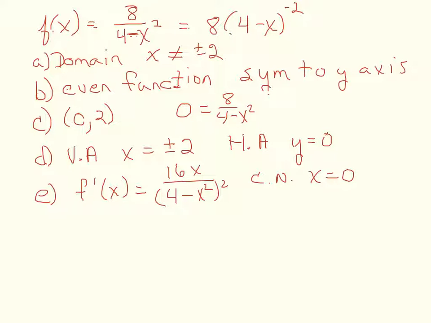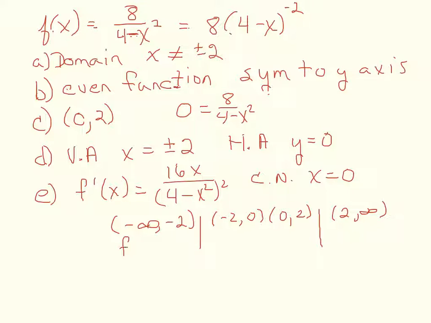So we have some intervals to check. I need to go from negative infinity to negative 2, where we know we have a break, negative 2 to 0, 0 to 2, where we have another break, and then we're going from 2 to infinity.